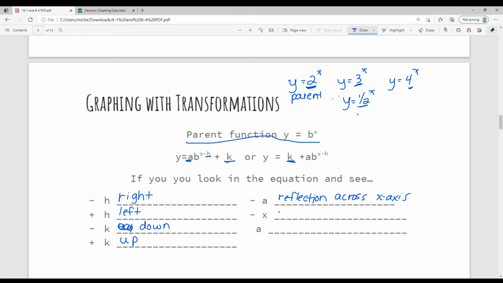And negative x is a reflection across the y-axis. And then the a will be our vertical stretch or compression. So vertical stretch if that a is greater than 1, compression if that a is between 0 and 1.